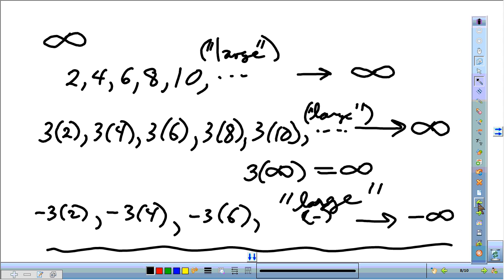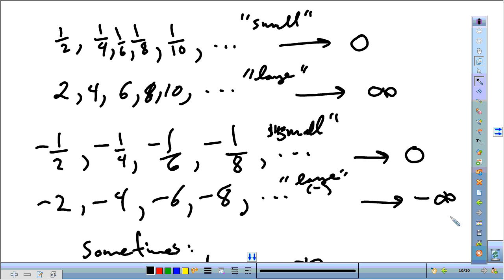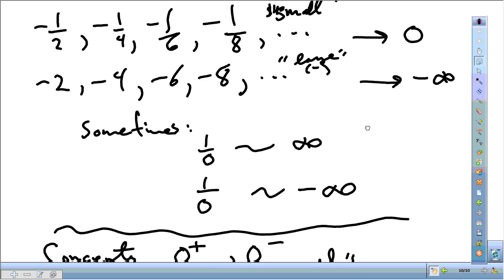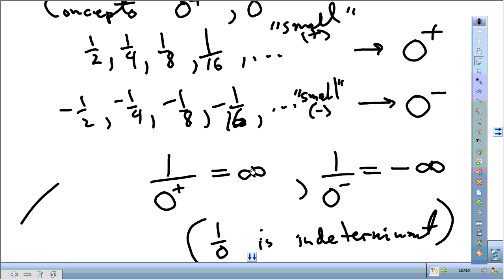Just like 3 times infinity is determined to be infinity. Infinity times plus infinity is determined to be infinity. So in many cases of this new symbolic arithmetic, we can assign at least conceptual values even though there's not a particular number.